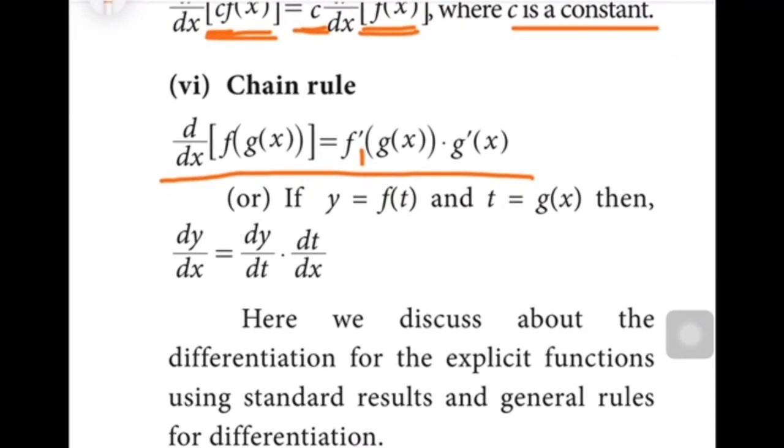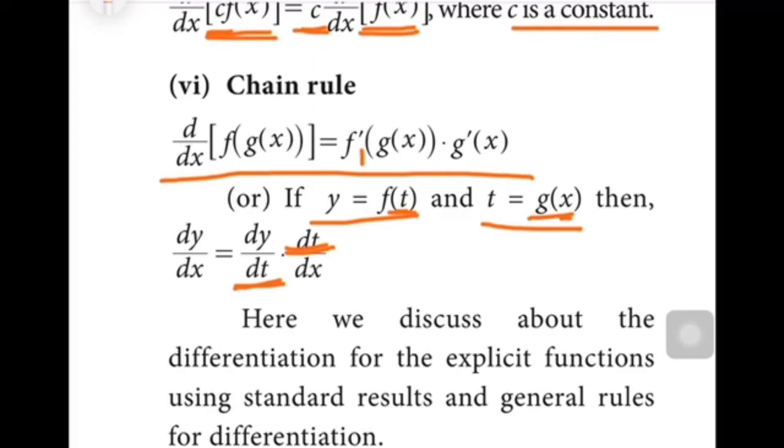You can take it as another variable: y is equal to f of t and t is equal to g of x. Then dy by dx. Okay. So, g of x is the function of t. So, dy by dx is equal to dy by dt into dt by dx. We can introduce another function t, so that it will be easy for us to differentiate when there is a function inside another function.